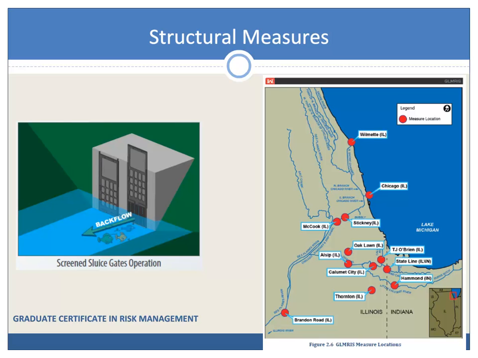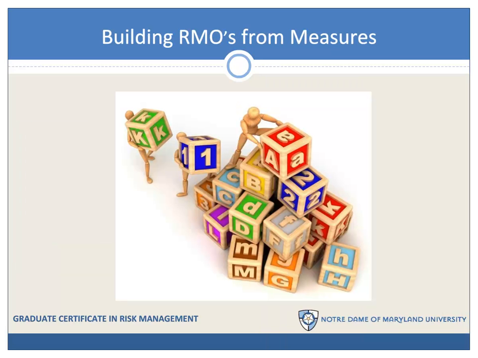So the idea that I would like you to have at this point is that under the risk control responsibilities of the risk manager, identifying potential measures is critically important. Those measures should be chosen according to their ability to help you meet your objectives and avoid your constraints. You can think of the individual measures as building blocks.